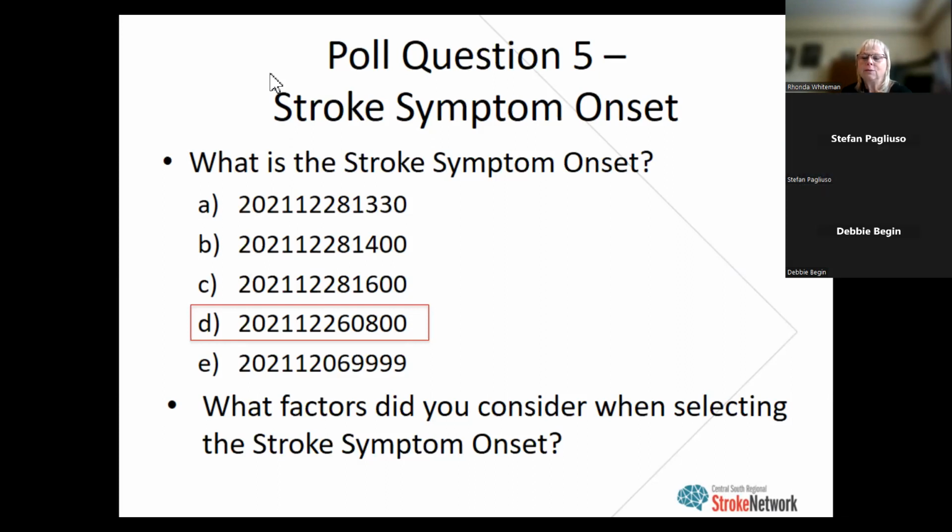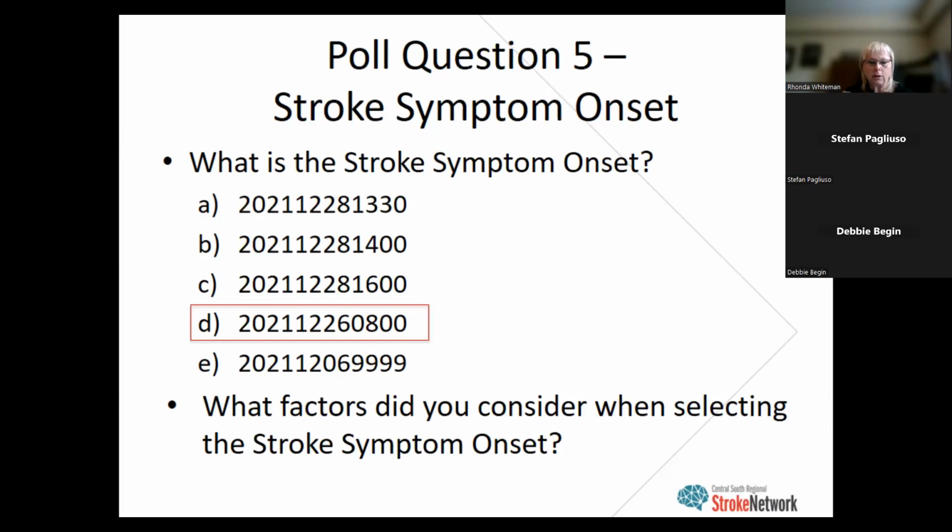This one is really more for discussion, and some are saying it's not as clear as we might think. Typically we wouldn't think of a headache in this context. But this is where the neurologist's note may have an indication, especially because there was an established infarct, that the neurologist attributed the headache as likely the start of it.